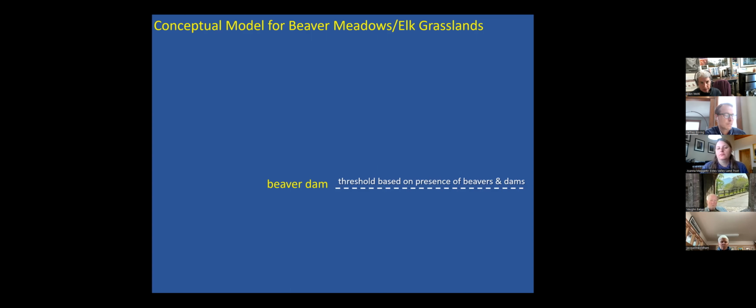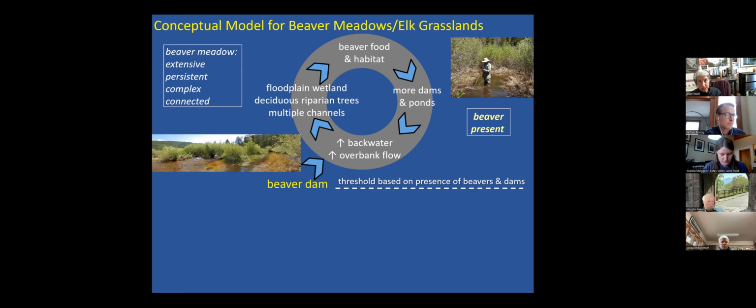So if you have a beaver that's able to build a dam and multiple dams, you have this self-enhancing feedback. The dam is an obstruction of the flow. It creates that backwater pond. It creates overbank flow. As water flows across a floodplain that's got an irregular surface, especially if beavers are digging canals in it, you're going to have secondary channels that start to form. So instead of just moving downstream in one channel, the flow is branching into secondary channels that then rejoin downstream.